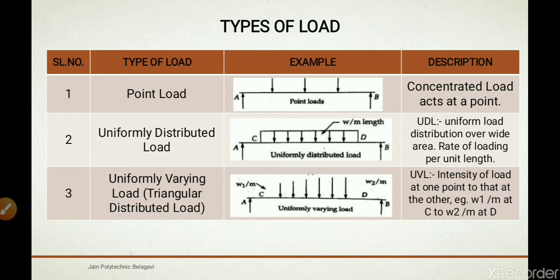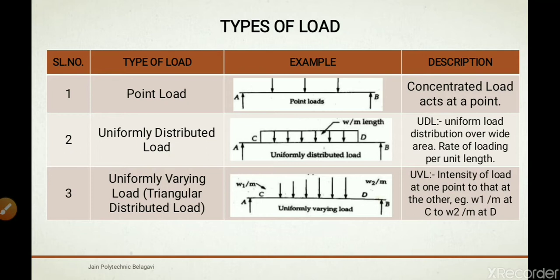Okay, at one end of the beam, say consider W1 per meter length. At the other end of the load it will be W2 per meter length, but it will be uniformly varying on each unit length. Each per meter length it will be uniformly varying from one end to another.